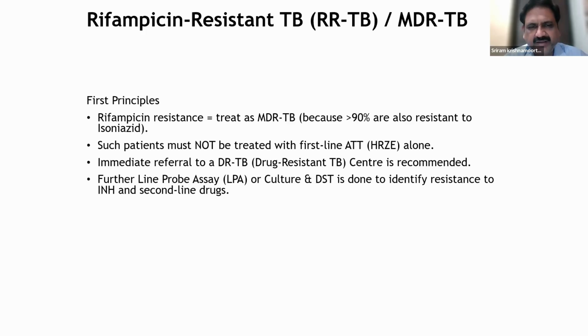There are centers available where they treat multi-drug resistant tuberculosis. They put them on more intensive follow-up. That is called DOTS plus. I will come to that a little later. And those centers will take care of treating such patients. If you have a patient who is resistant to INH and rifampicin, better to refer the patient to that center, which will take care of drug-resistant tuberculosis also. And wherever necessary, we can always get line probe assay or drug sensitivity testing done in those centers. We cannot do it on a routine basis in the regular centers here. Okay, fine. Next slide.